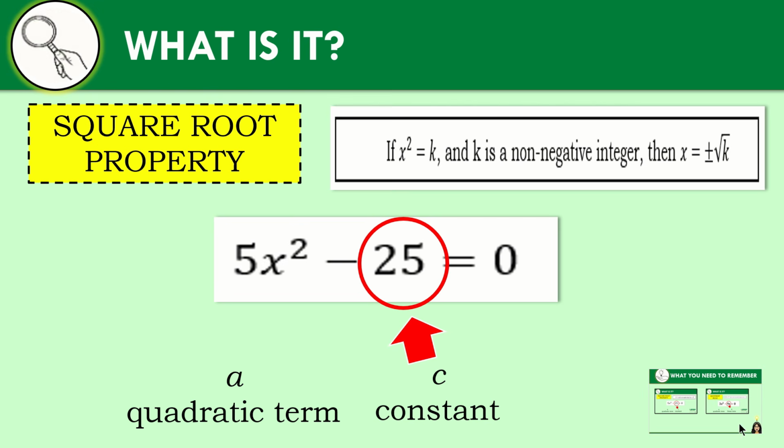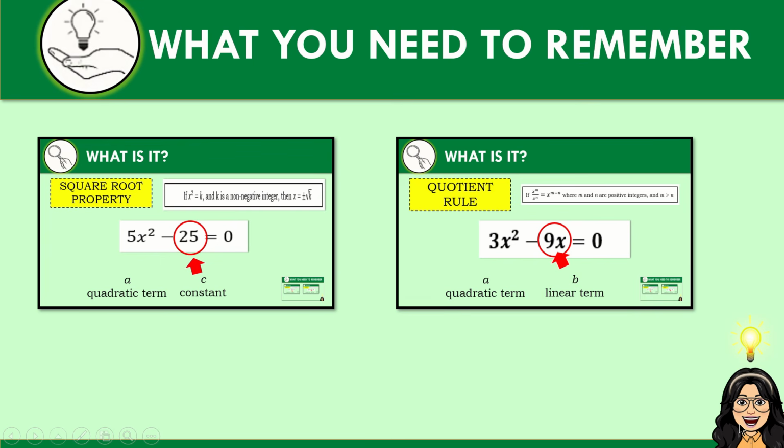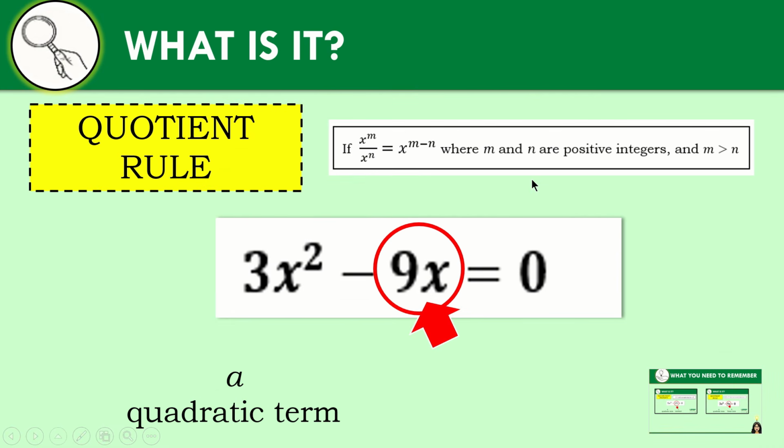Okay? Now the second point that you need to remember is for the quotient rule. Allow me to click on this for this quotient rule. So if x to the power of m is divided by x to the power of n, that will give you x to the power of m minus n, where your m and n are positive integers, and m is greater than n.